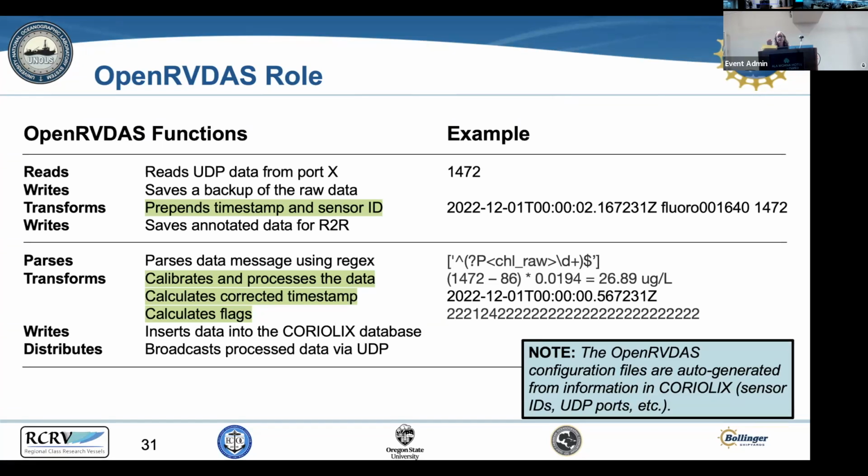R2R, we're still working with them on what exactly they want. We could give them everything, but the format is yet to be determined. We've just mentioned that our data files are daily. Our current plan is that at the top of each daily file, there will be some metadata about the contents of the file: what the columns are, what the sensor ID was, a serial number.